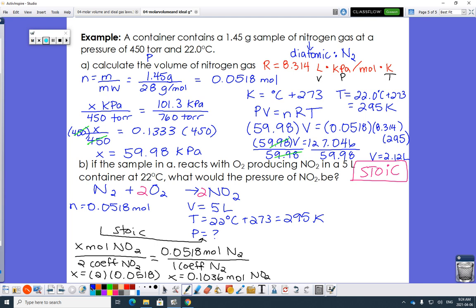I'm kind of out of room, but the R value's always the same, okay? So if you guys have a bit more space, if you want to write it again, you don't have to. This time we have Kelvin, we have liters. Liters, Kelvin, we're good, and we're going to solve, and our answer will be in kPa.